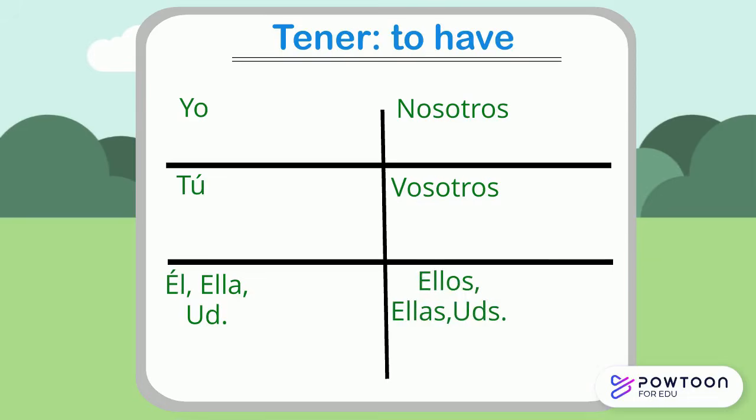The first step when conjugating verbs in the present tense is to take off the AR, ER, or IR ending. So let's remove the ER ending and bring down the stem ten for the yo form. You may remember that earlier I mentioned the verb tener has an irregular yo form.